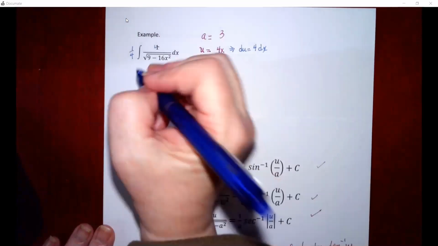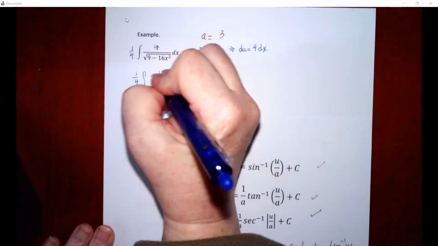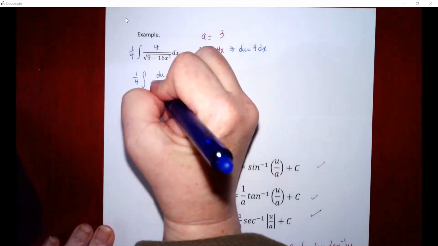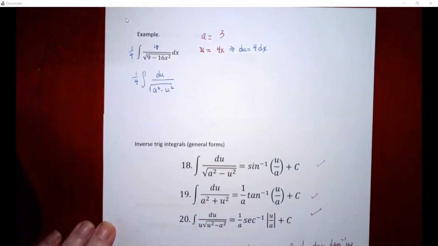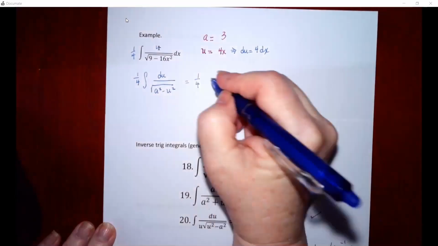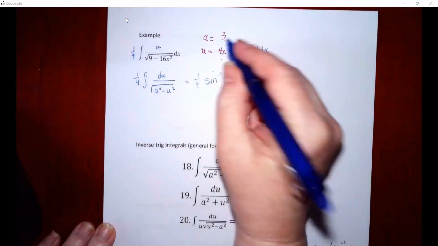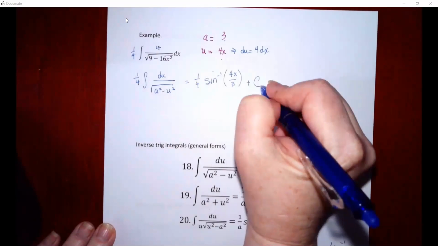But this would be 1/4 the integral of du over the square root of a squared minus u squared. So that is 1/4 the inverse sine of u over a, which would be 4x/3, and then plus c.